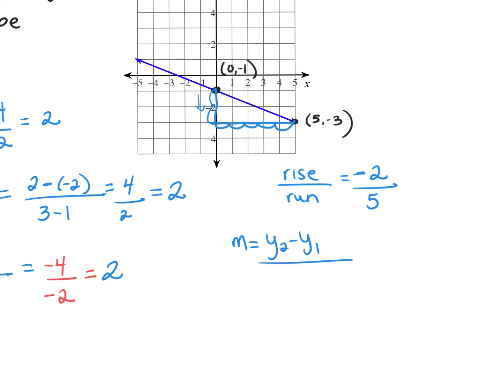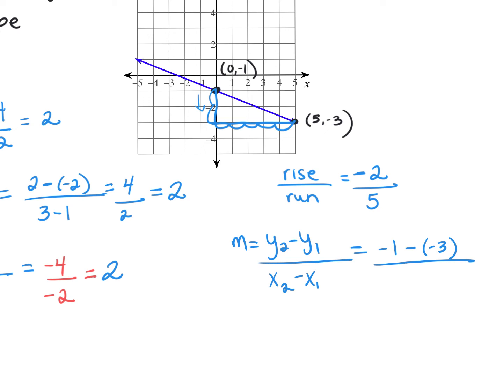Now, if you use the slope formula, remember, it doesn't matter which values you mark x2 and y2. So let's see, my first y value is -1, and then I have to subtract my second y value, which is a -3.